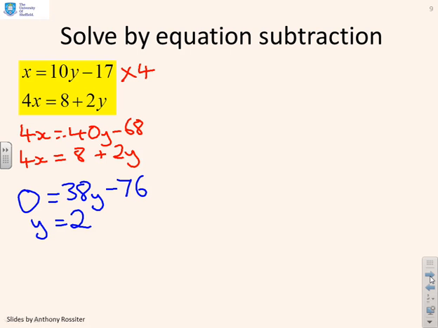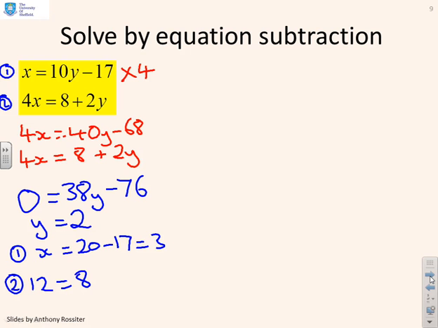For example, if I use the top equation first, then putting y equals 2 into that, I get x equals 20 minus 17, which equals 3. Then I use a check by putting both values into this bottom equation. So x equals 3, 4x equals 12, equals 8 plus 4. So it works. So I'm happy.